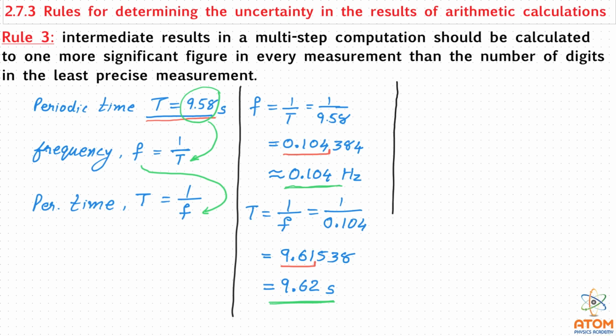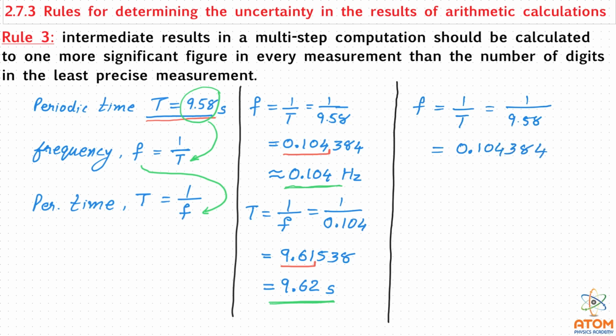So here now I will add one more significant figure and consider it in the calculation. Again the same steps: f is 1 upon T, so it is 1 upon 9.58 and the answer is 0.104384.